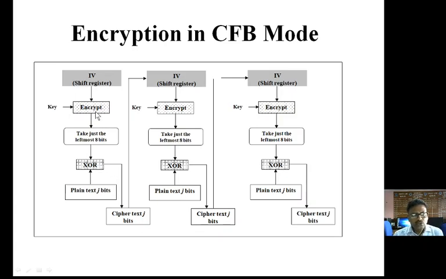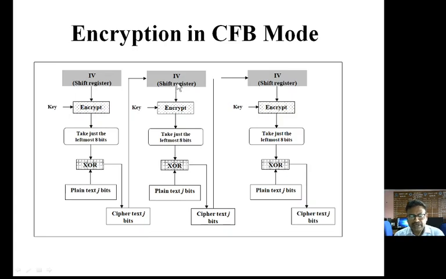So we are taking IV as 64-bit and key as 64-bit, and encryption has been done. Whatever is the result, we take only the leftmost 8 bits, and that is XORed with the plain text 8 bits to get the ciphertext 8 bits.